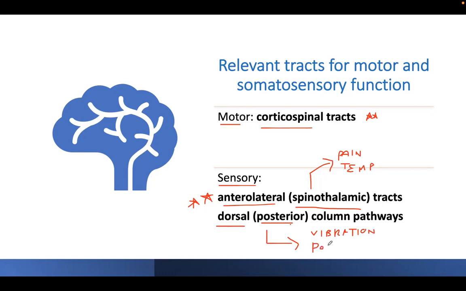And what do we call position sense? Okay, what is the medical term for position sense? Okay, let's see your answers. It is proprioception. So I want everyone to remember that. Okay, it is proprioception.